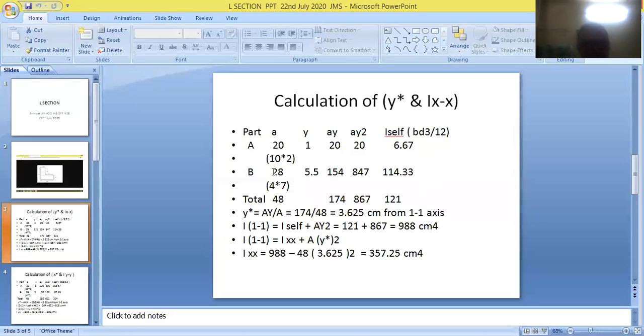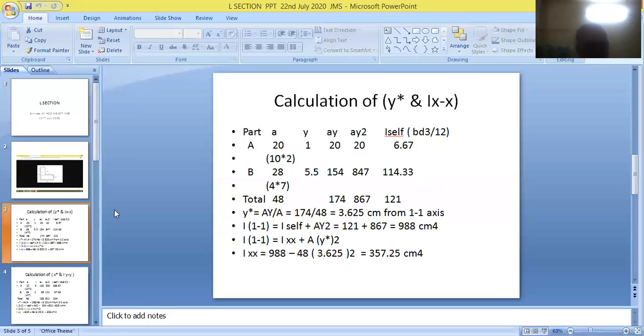So writing the B and D values within brackets will help us to select these values properly in this equation. Otherwise, instead of B, you may take the value of D, and instead of D, you may take the value of B, and you will go wrong while measuring the I self value.